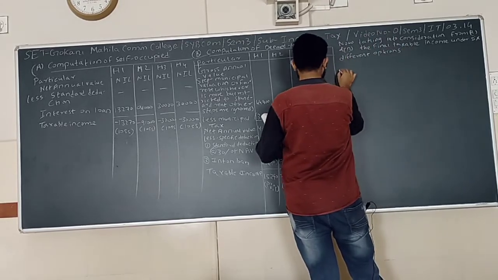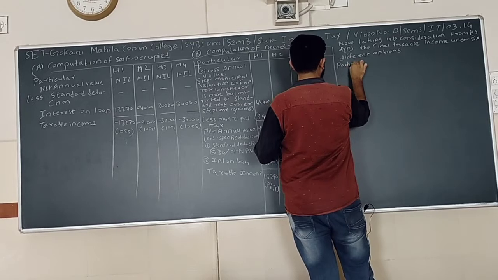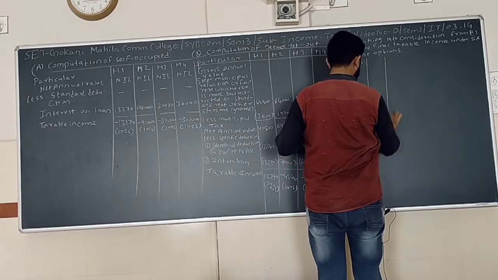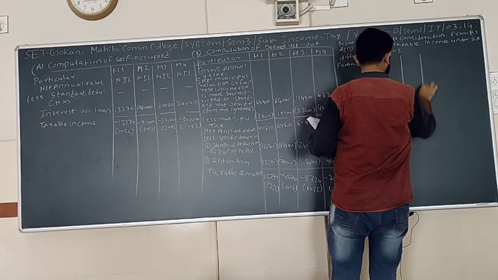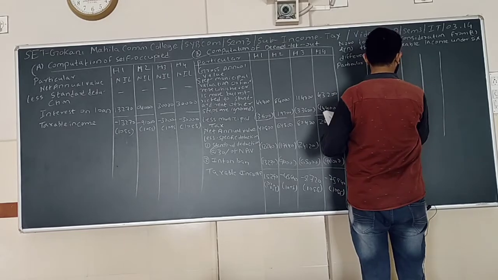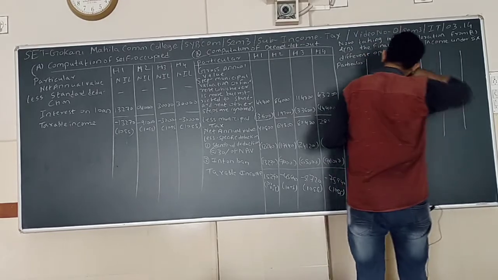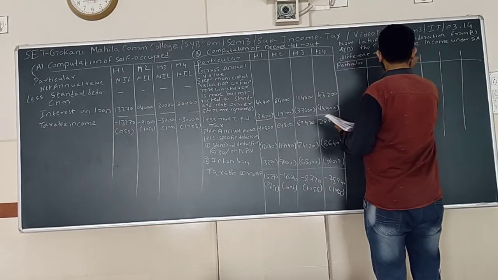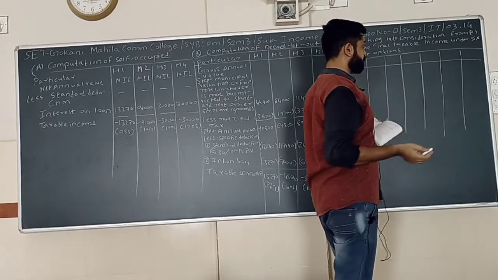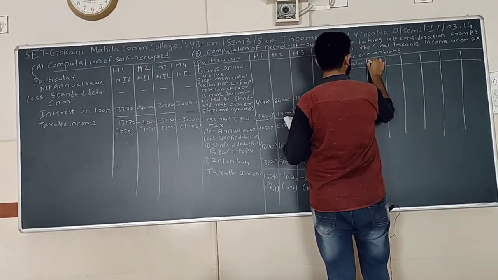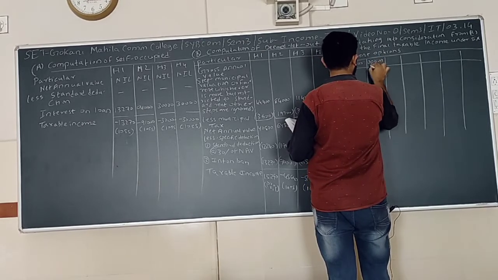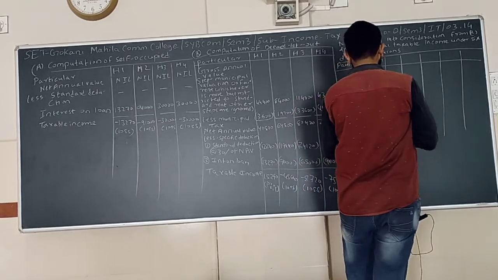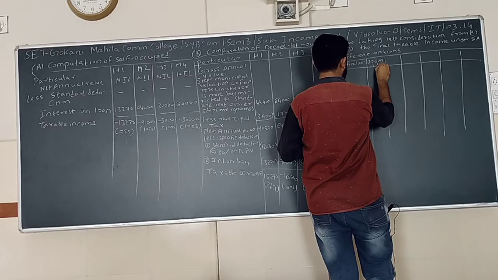So here I will write the 6 various options. Option 1 is house 1 and house 2 self-occupied.